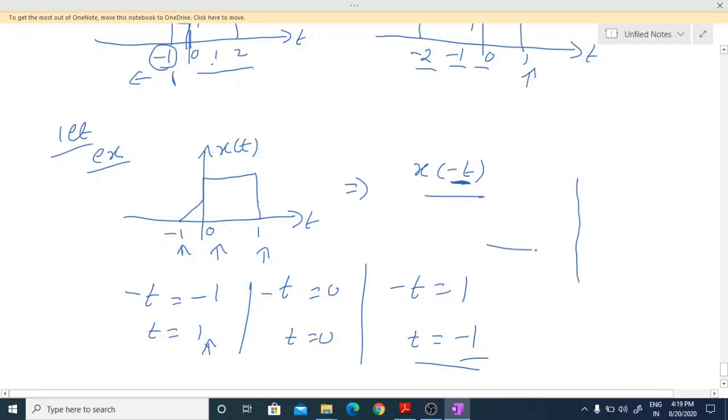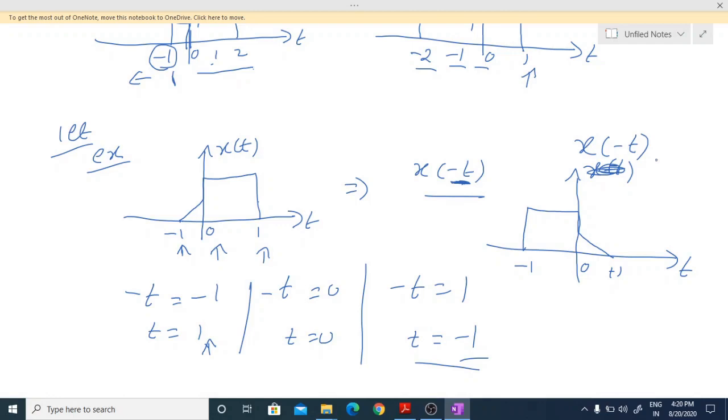Now I draw the diagram: plus 1, 0, minus 1. So this is the time reversed signal, this is x of minus t. In this way, we have to draw time reversing operations.